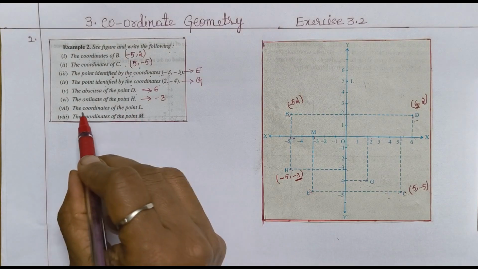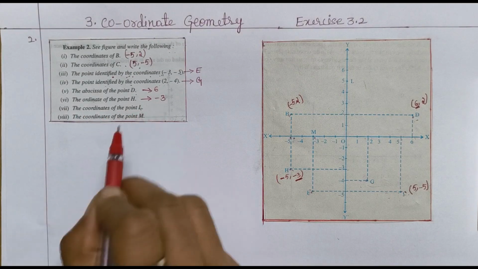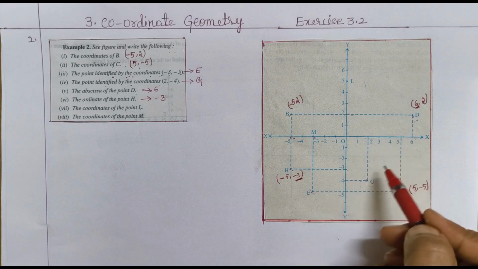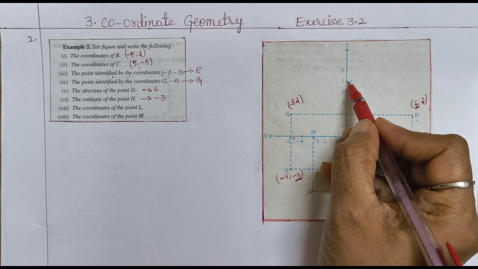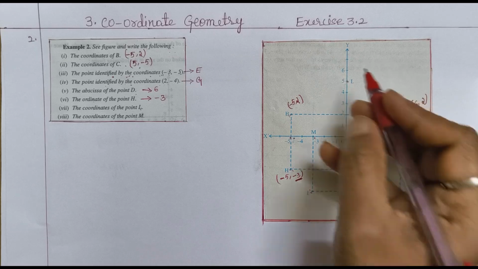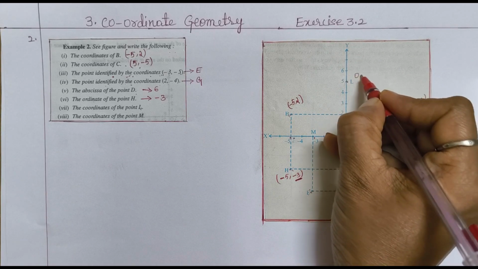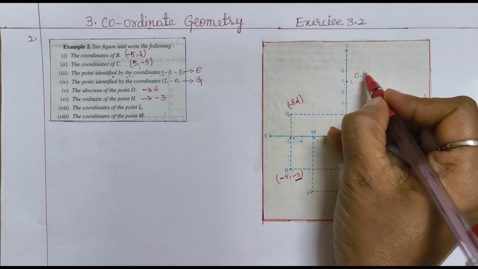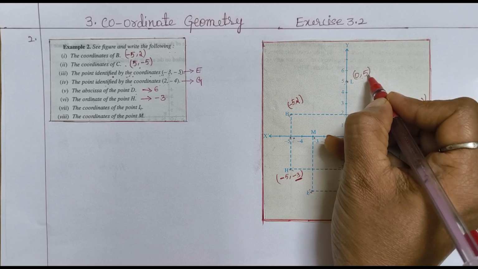Okay. Next, see the coordinates of the point L. Where is L? You can search for it. Here L is there. See here, it is on the y-axis. On the y-axis, what do we take first? First we take 0, next we take 5. If it is on the y-axis, first 0, then the number.